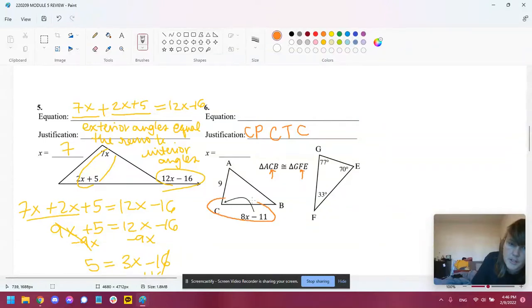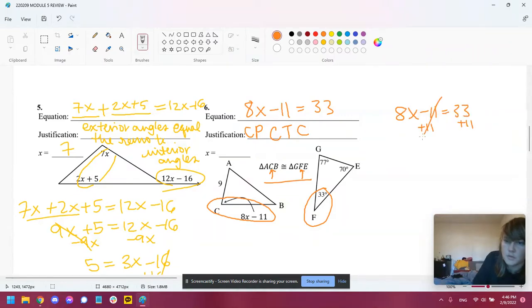I can say the C is equal to the F because they agree in the sentence, even though they don't look the same. And I can say that 8x minus 11 is equal to 33. Then over here, I use algebra to solve this equation. Divide by.